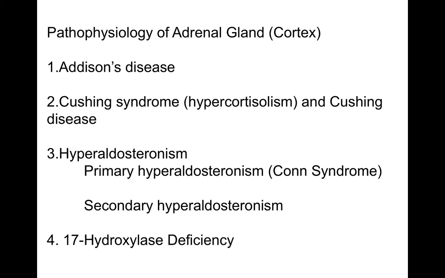So please understand, primary Addison's disease is related with less cortisol, and so through the negative feedback loop, there is an excess production of ACTH.